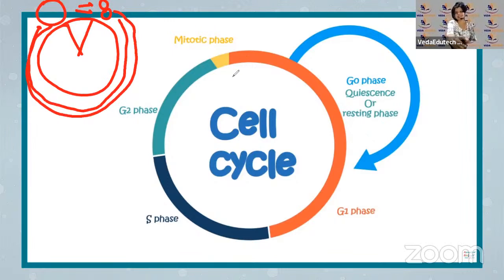But what if a cell doesn't want to do this? It is like, nah, I am done. I don't want to make babies anymore. Then what options does it have? It has two options.